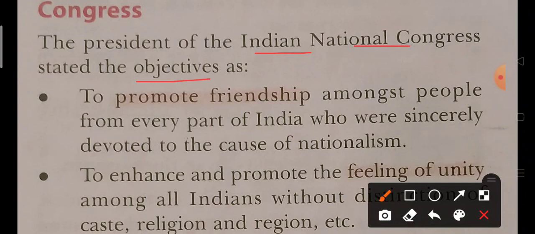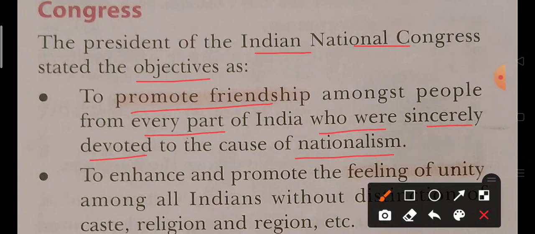So the first president of the Indian National Congress in 1885 decided some purposes for it. First is to promote friendship amongst people from every part of India who were sincerely devoted to the cause of nationalism.